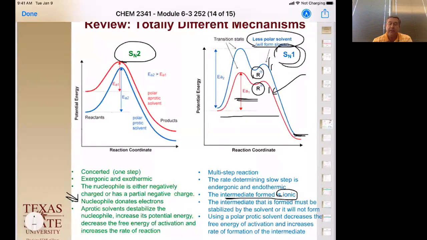But it must be forming that carbocation intermediate. The carbocation that forms must be stabilized by the solvent or it won't work. So that's the difference between SN1 and SN2.